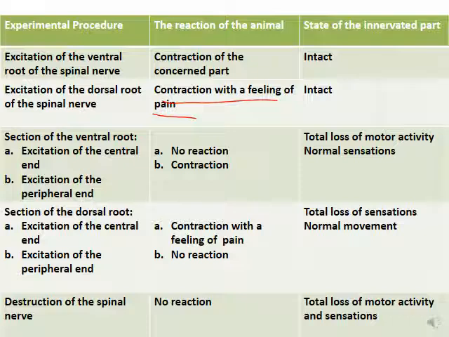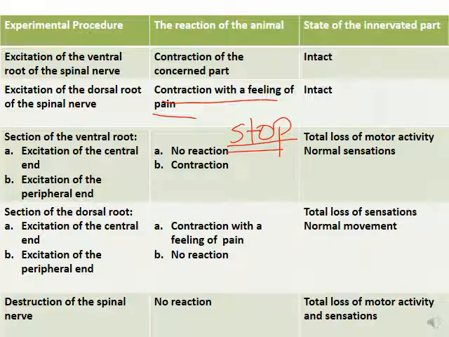Let's move to part 3 of this experiment. It talks about the excitation of the central end after the section of the ventral root. We did the section of the ventral root. So what happened? There is no reaction, meaning that there is a problem in the propagation of the nervous message, meaning that the message was stopped at this section.